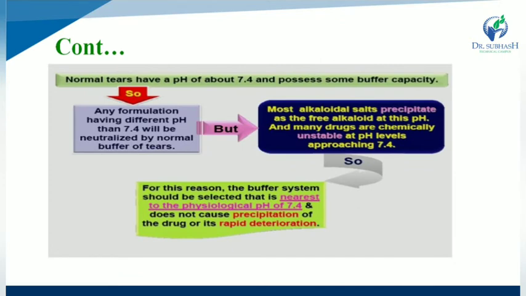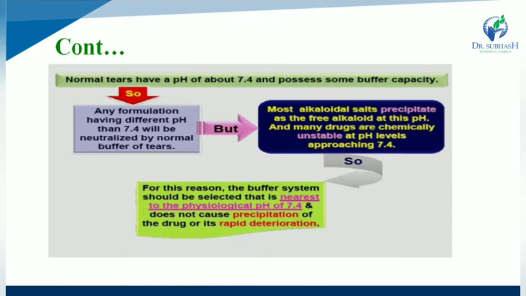Normal tears have a pH of about 7.4, and they possess some buffer capacity. Any formulation having a pH different from 7.4 will be neutralized by the normal buffer of tears.